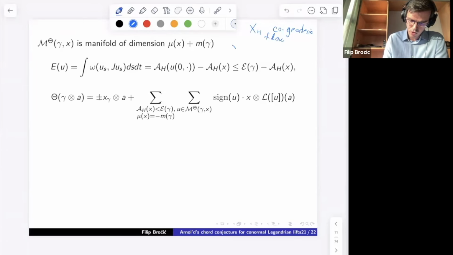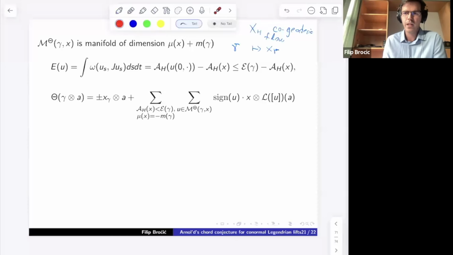Which means that each geodesic induces some cogeodesic in a unique fashion, and vice versa. So we can identify these generators, and we can order them by energy or action.